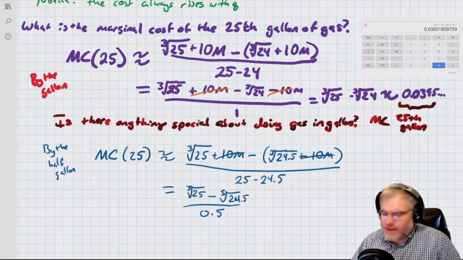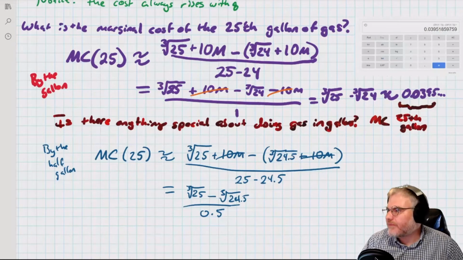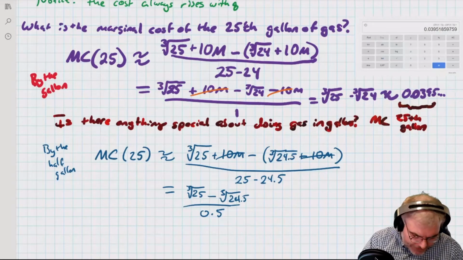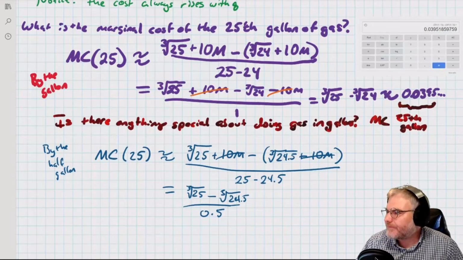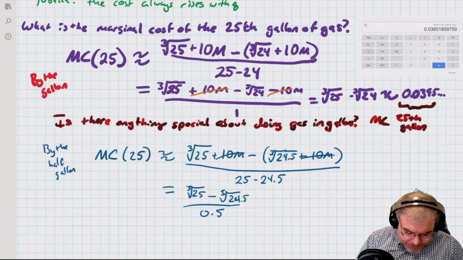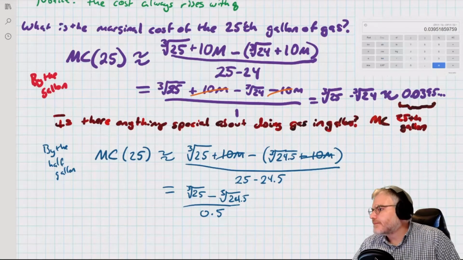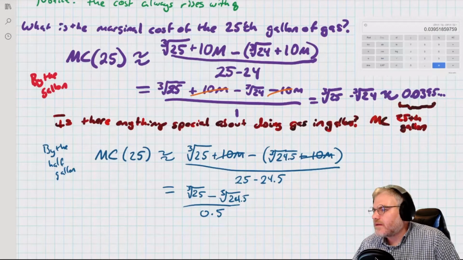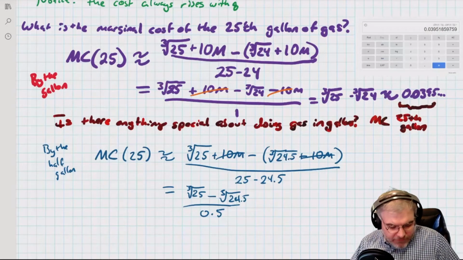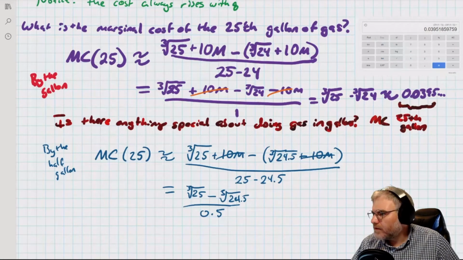And then I'm going to divide the whole thing by 0.5. Or I'm going to multiply it by 2, which would be the same thing. All right. And I get a slightly different answer. Not really different. But I do get something slightly different.